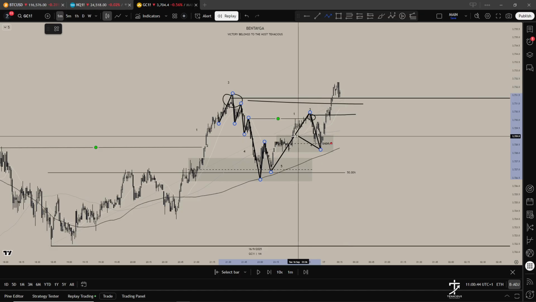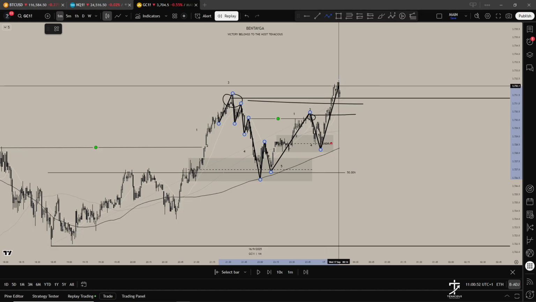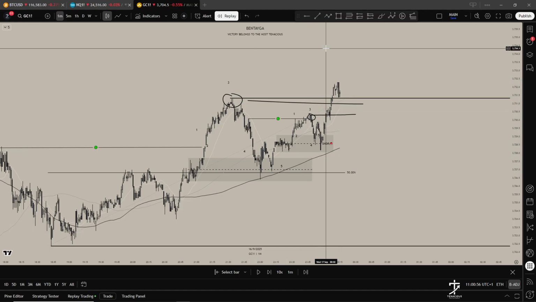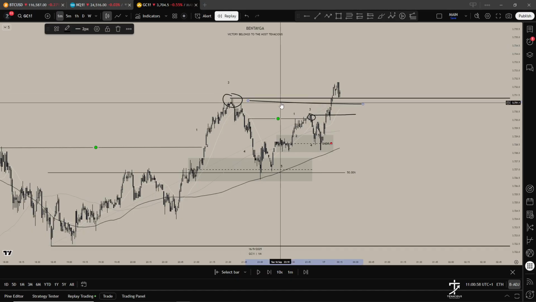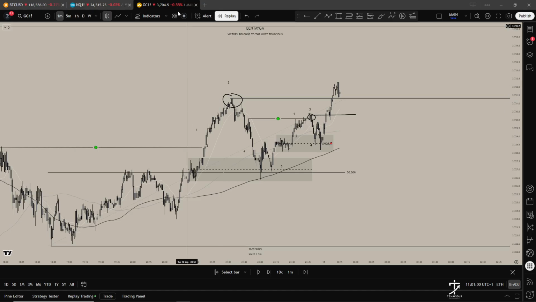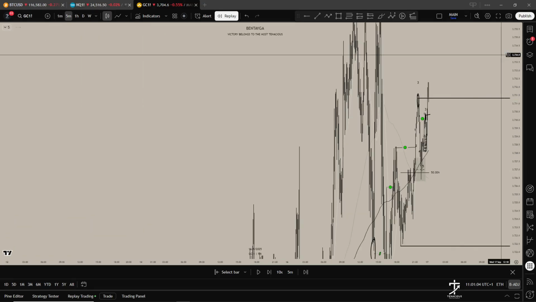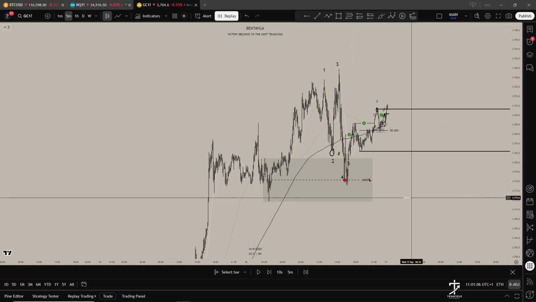But within that, what happened? We tapped into this area of supply and demand, but above our SMA, the 200 SMA at least. And you can see how price pushes up and takes out our previous higher high, which is our number 3 internally. And we also take out our external high, number 3. So technically this was an A-star trade, because we had all the variables in what we wanted.